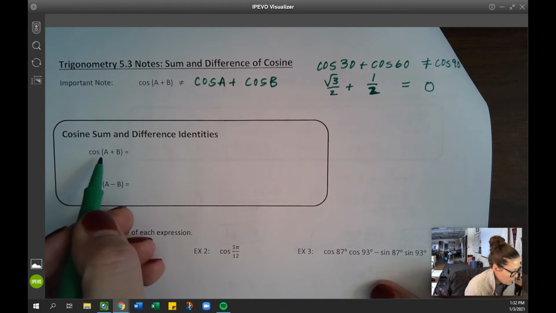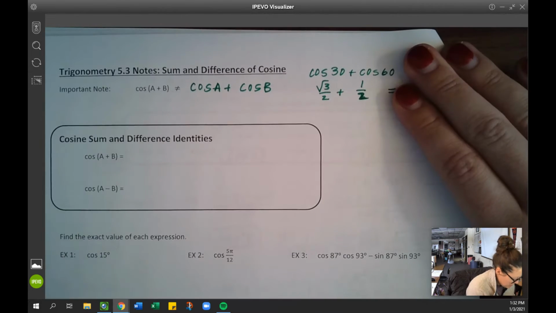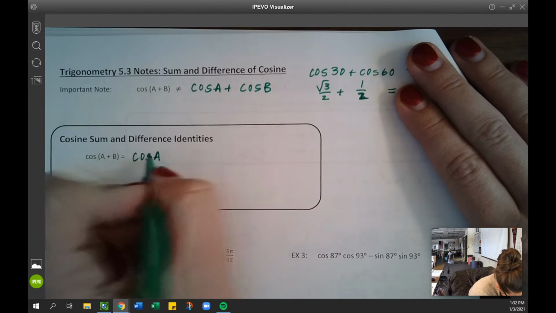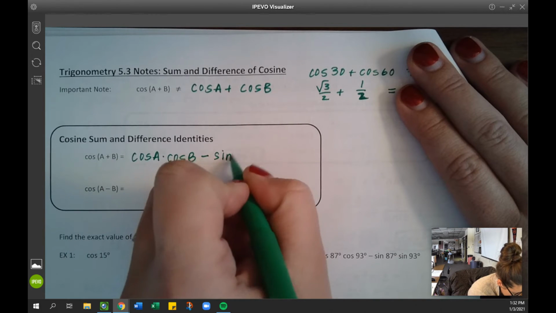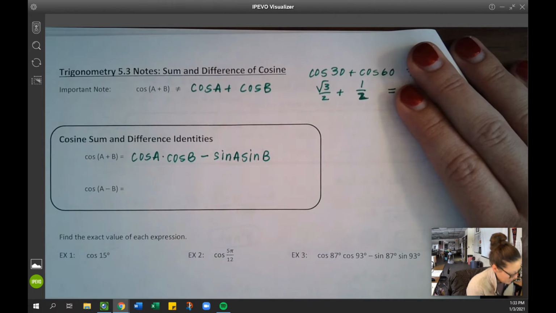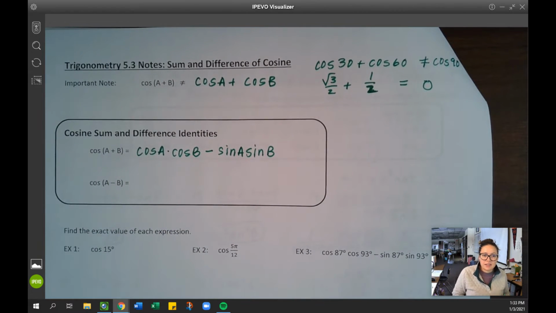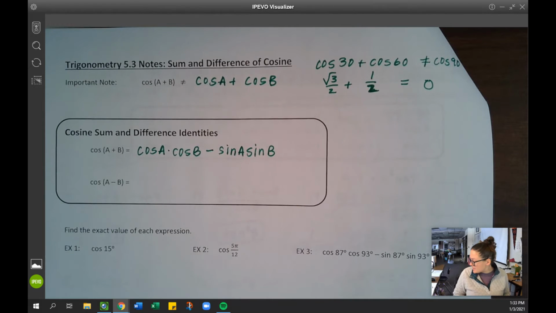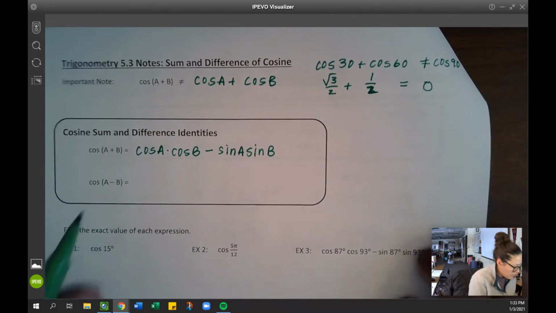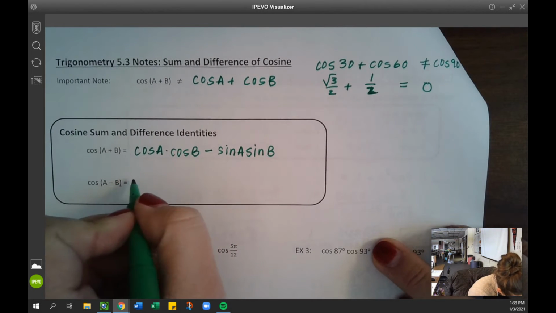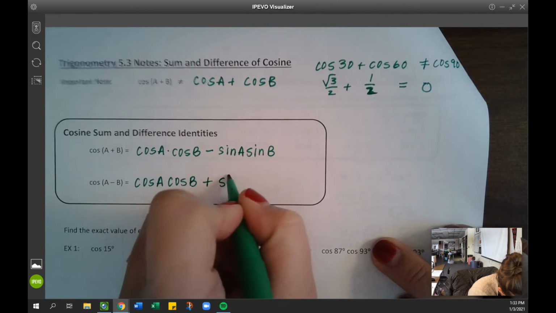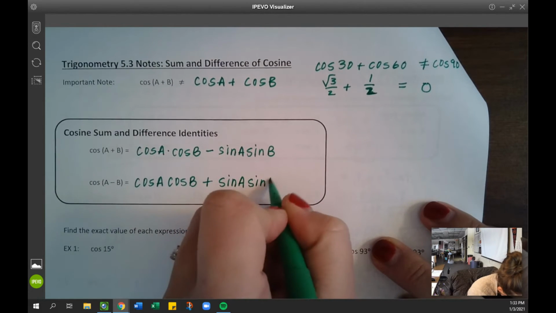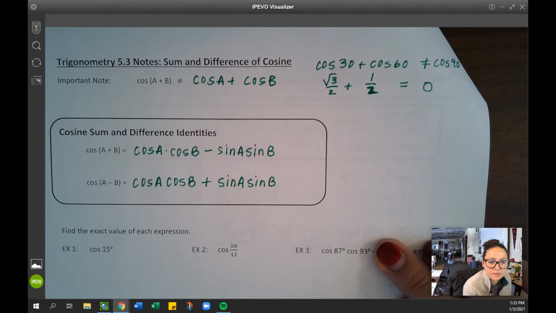So the cosine of A plus B is cosine A times cosine B minus sine A times sine B. And then the difference is the same, it's just an addition sign in the middle. So take a moment to write those down.